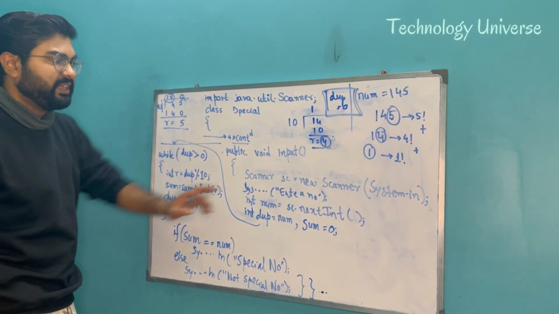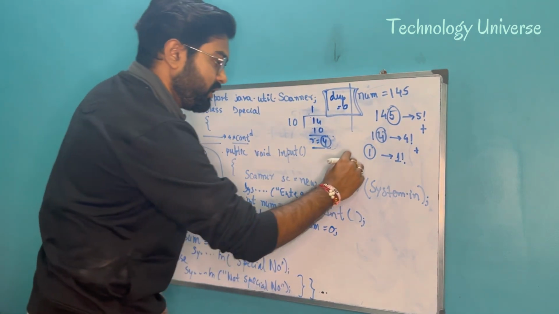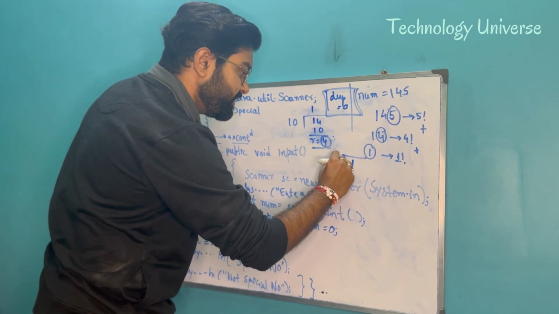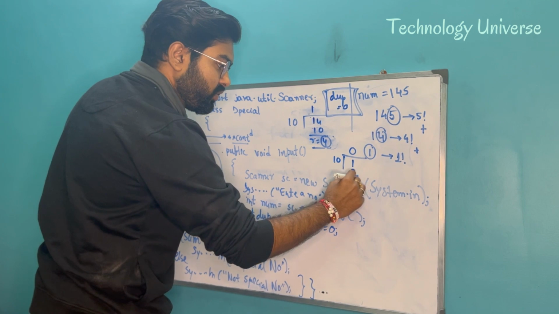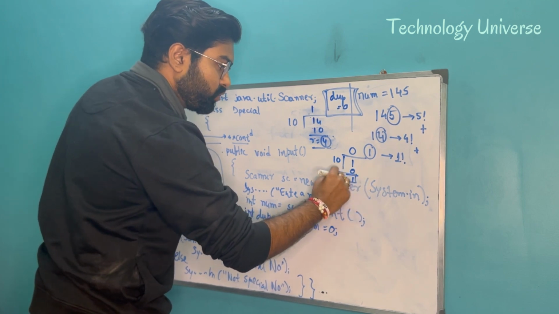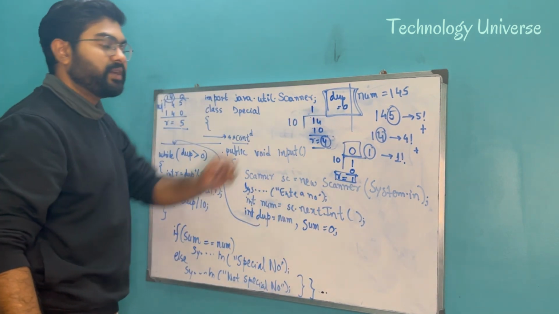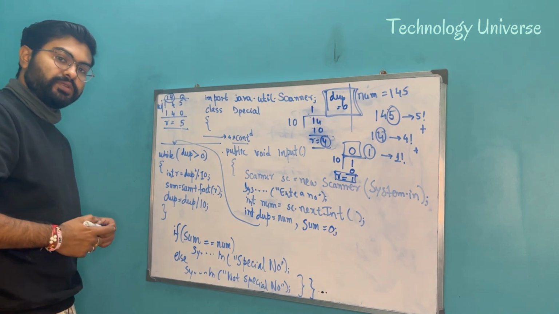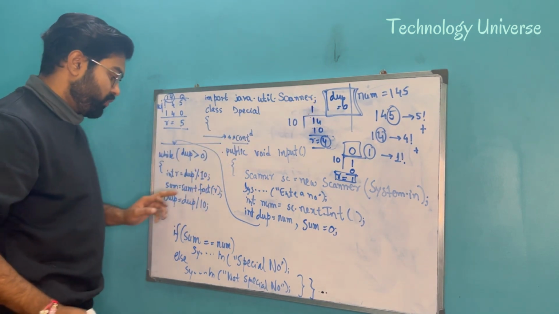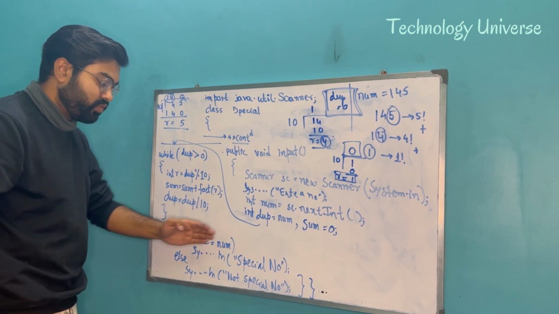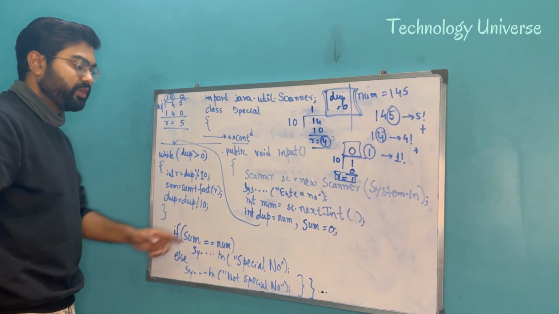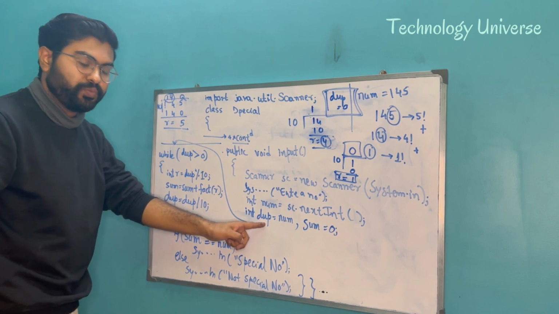When the last digit is there, if we divide any single digit number by 10, the remainder is that number and the quotient is 0. So dup would become 0, and we would not get that number back. We would not be able to check this condition. That is why we take our backup variable dup and use that.